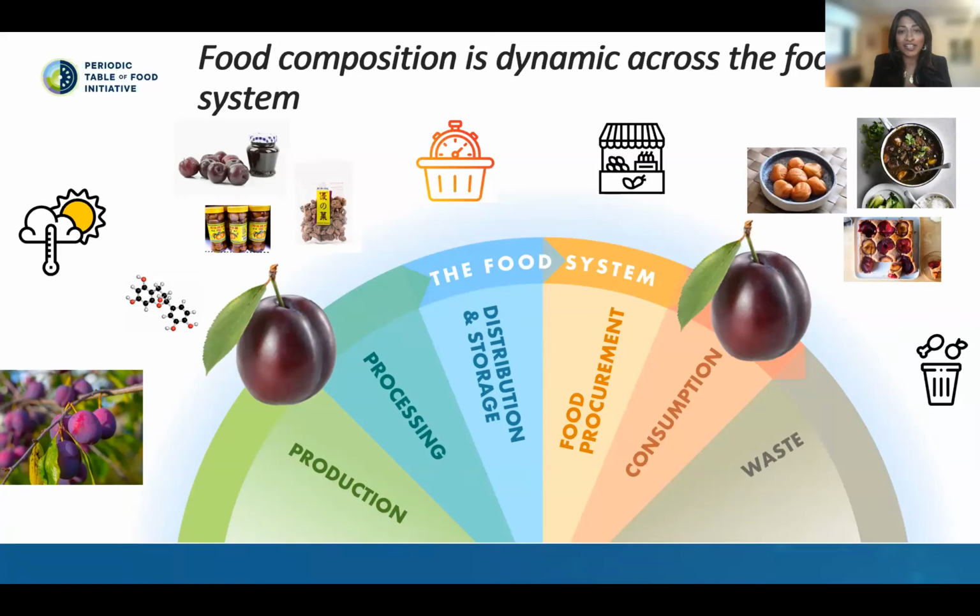Storage and distribution and food procurement may further impact the quality or composition of that plum, including storage conditions, humidity, and then ultimately how we choose to consume that plum, whether we're eating it fresh or we're deciding to ferment it, put it in a stew, or bake it into a cake. And so lots of variation happening with that composition as it travels across the food system.